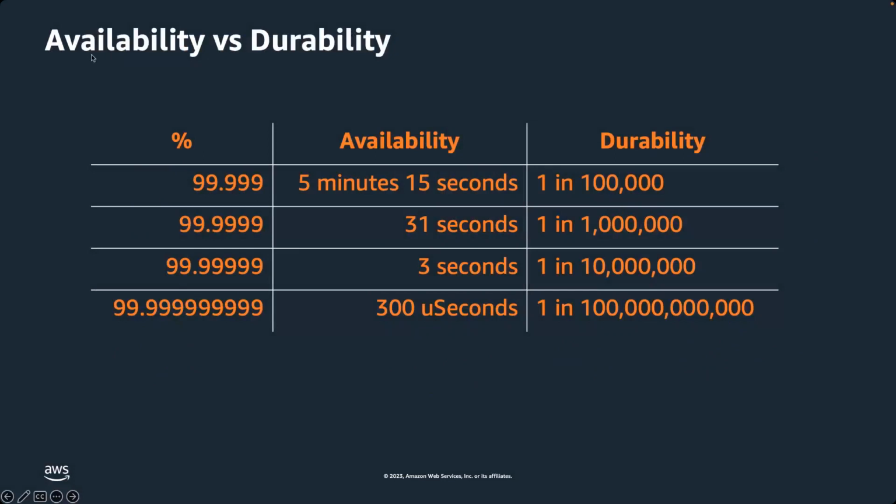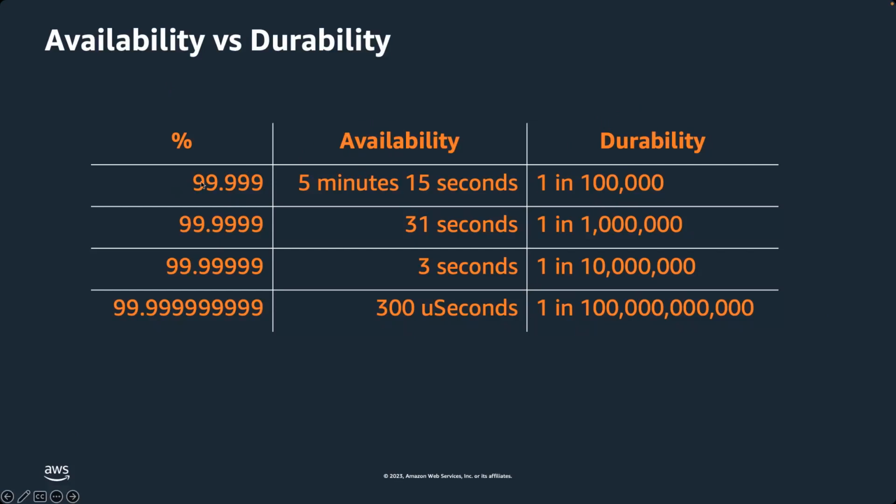Then, in terms of availability versus durability, availability is another important concept, and that's the percentage of time a workload in the cloud is available for use. For storage services, we focus on durability because it's what's more important for storage.